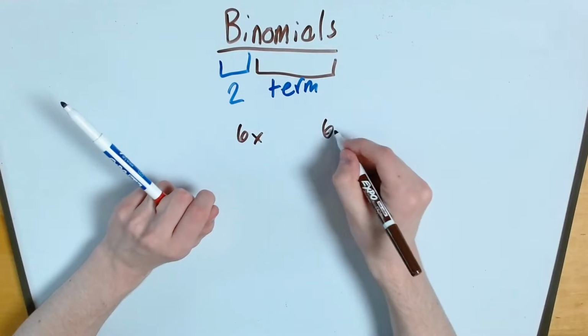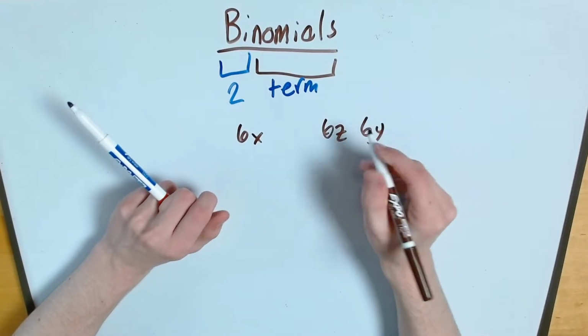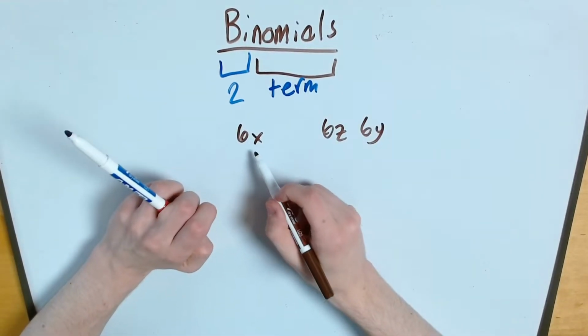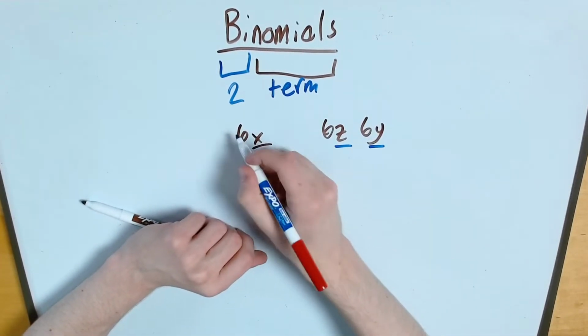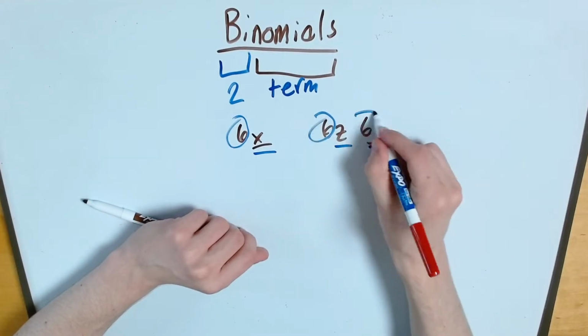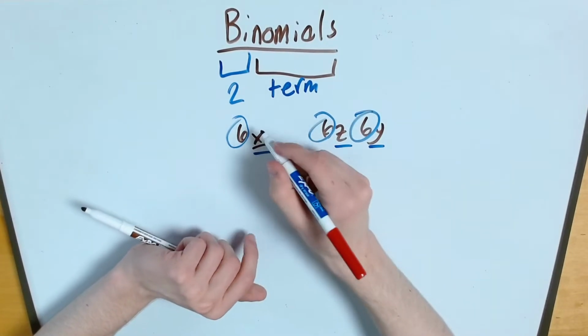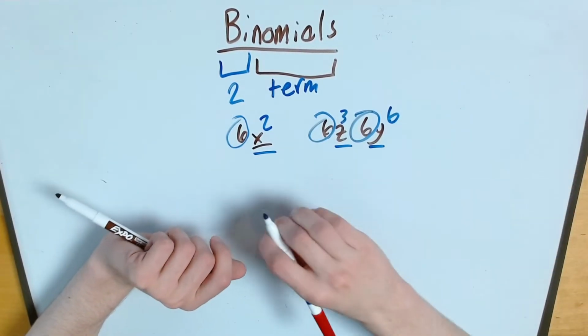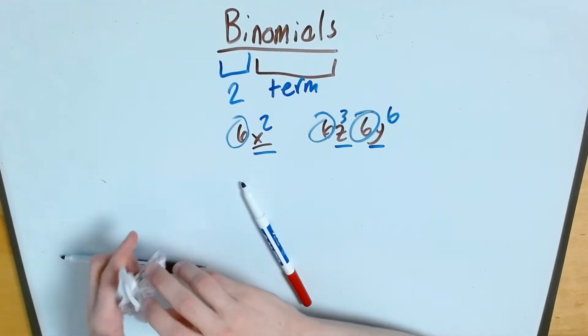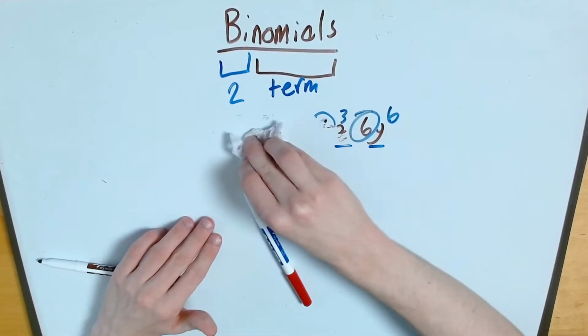It could be 6z or 6y. It's a combination of a variable and a coefficient. And of course, you could have it to a different power, but that is what a term is. And so a binomial is a polynomial with two terms.